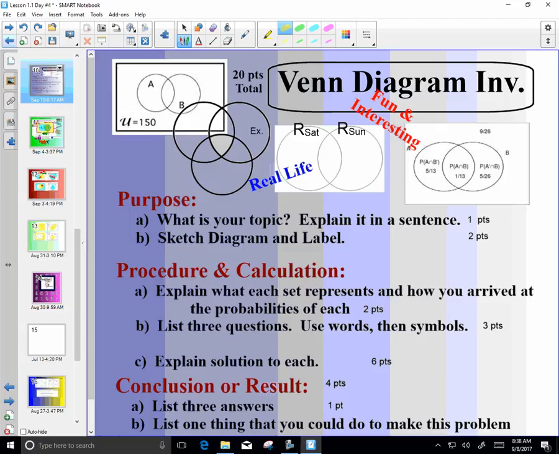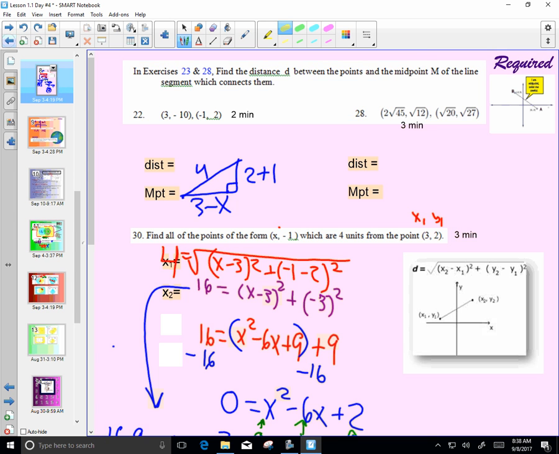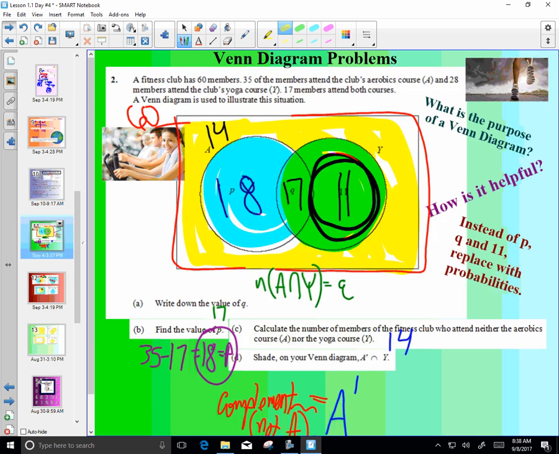So you're not going to put 11 or 28. You're going to put 11 sixtieths or 28 sixtieths as probabilities, and we'll talk about that. And then you're going to come up with your own 3 questions about them, and then you will show the work and have your answers. It's just like these examples that I had, except you're going to make up your own.